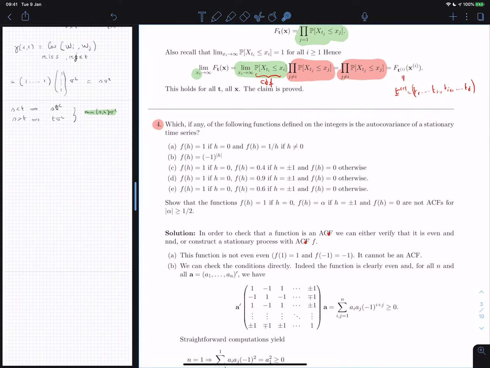The first way is to check that it is even and non-negative definite, and then we can appeal to one of the theorems in the course notes. Another way is to construct a stationary process which has this function as autocovariance function. So is the game clear? Everybody understands what the point of the question we are trying to answer is?